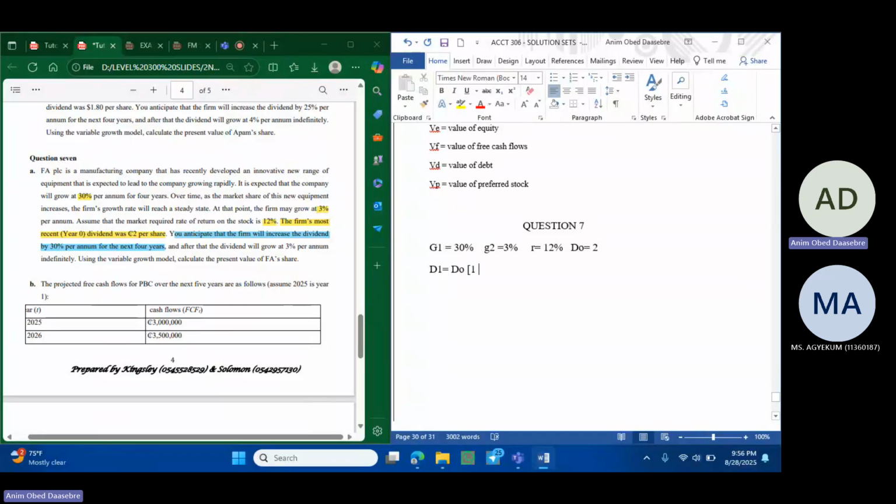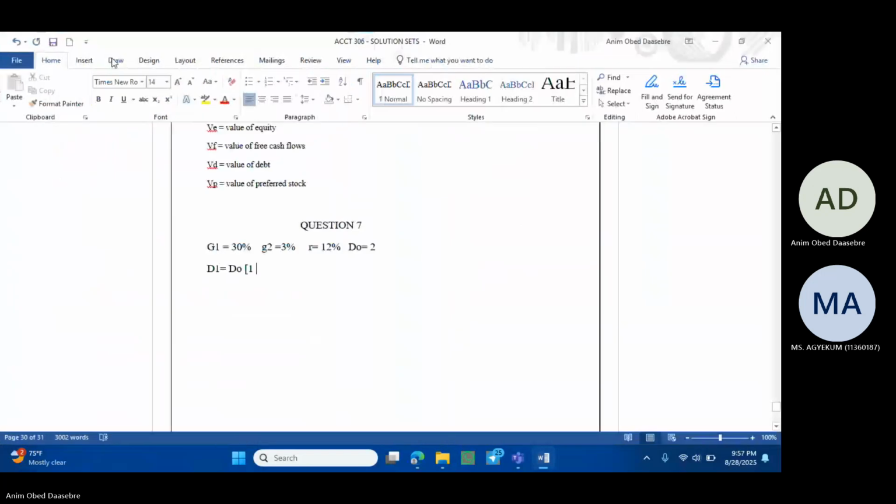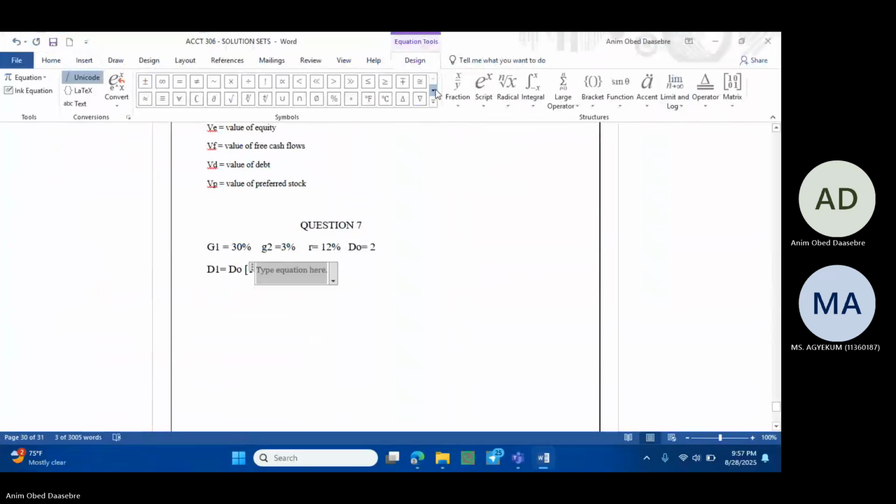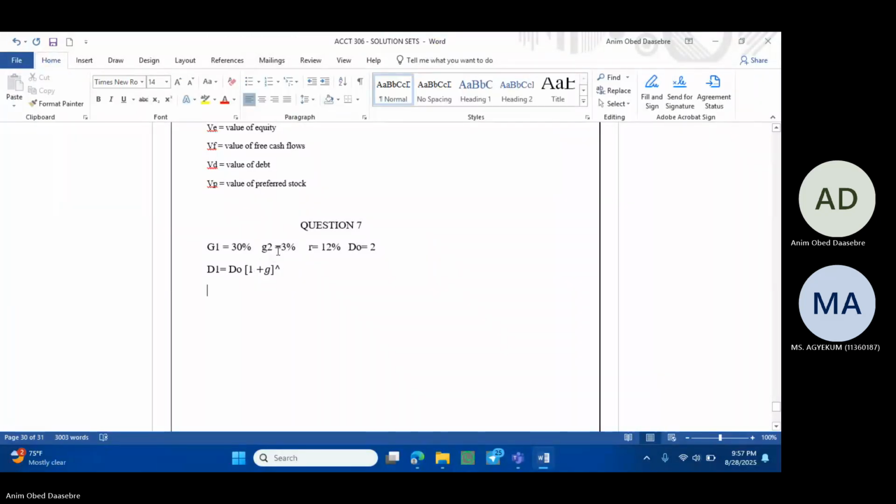So D1 equals D naught times 1 plus G to the power N. So this will be the formula that we are going to use to find our D1.